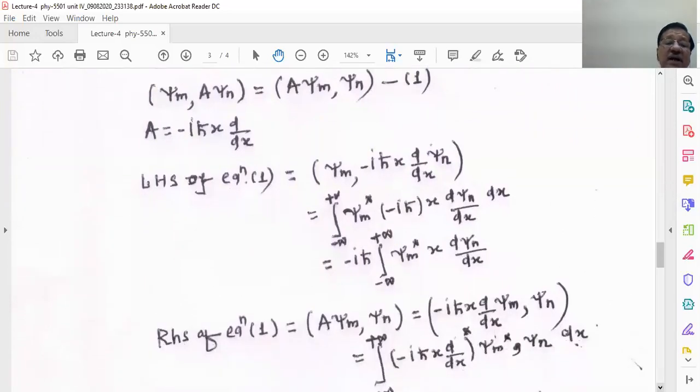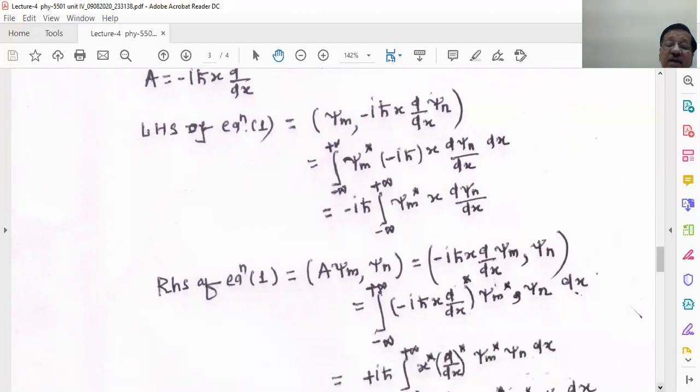Okay. Now look at the right hand side. The left hand side we have solved. Now the right hand side is A operating on psi, that is, a scalar product of A psi with psi. So I have solved this problem, and you convert it into the integral form, right?